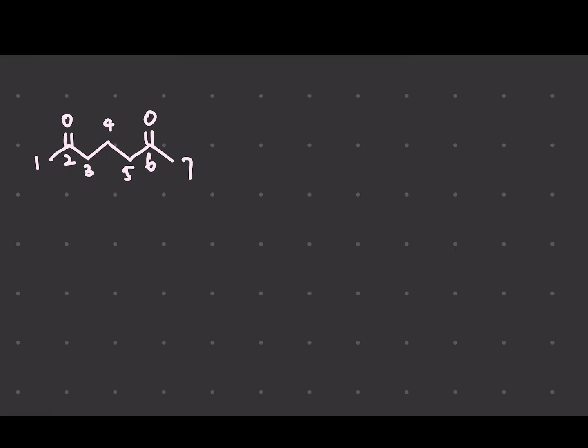And if we were to react this under basic conditions, this is going to undergo a self-Aldol reaction intramolecularly, and it's going to cause a ring formation. So we can either deprotonate at the alpha carbon at carbon 5, or we can deprotonate at the alpha carbon at carbon 7.